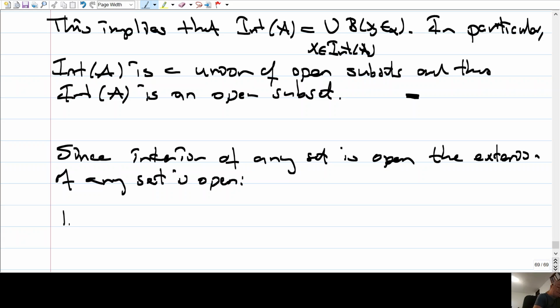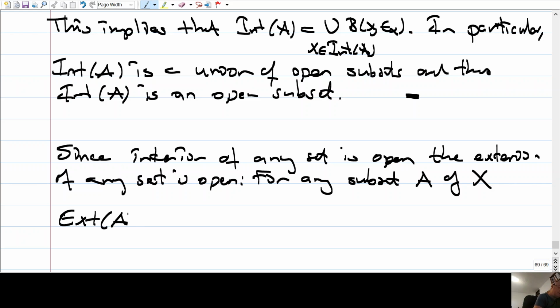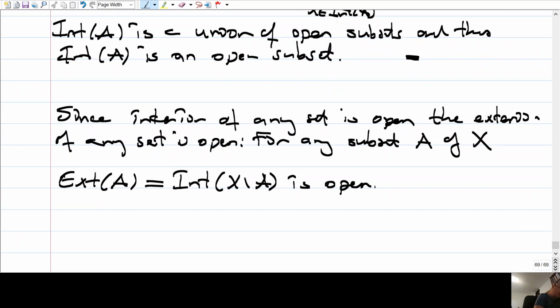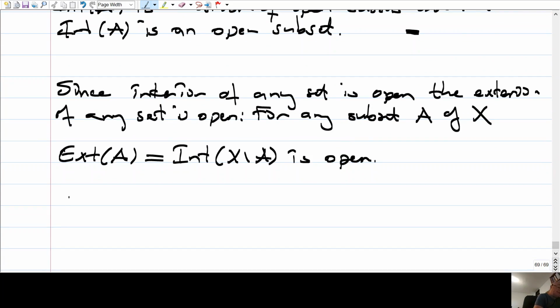Because for any subset A of X, what is exterior of A? Well, this is by definition interior of X minus A, but interior of anything is open, therefore this is open. Okay. Also, by definition, right?